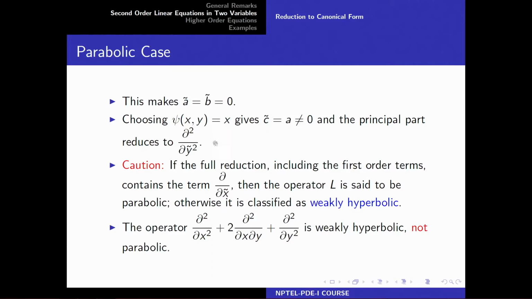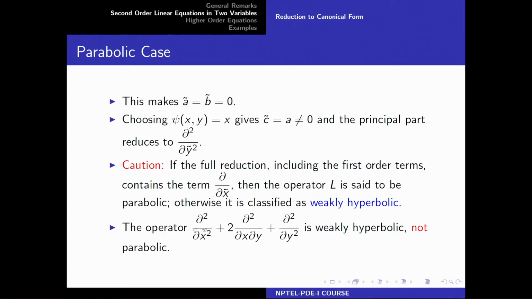And here is a classic example when that is not possible for a given differential equation. That means the full reduction will not contain this del by del x tilde term, and then you call that weakly hyperbolic. Here is a simple example: you take this operator, second order, and here AC minus b square is 0.